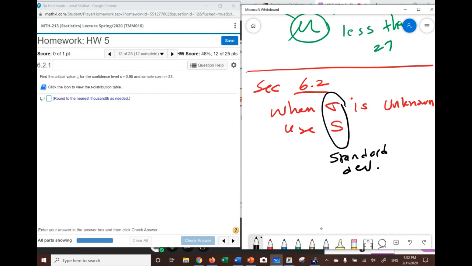But the sigma talks about standard deviation for a population. And the S talks about standard deviation for a sample. So this is the only difference.